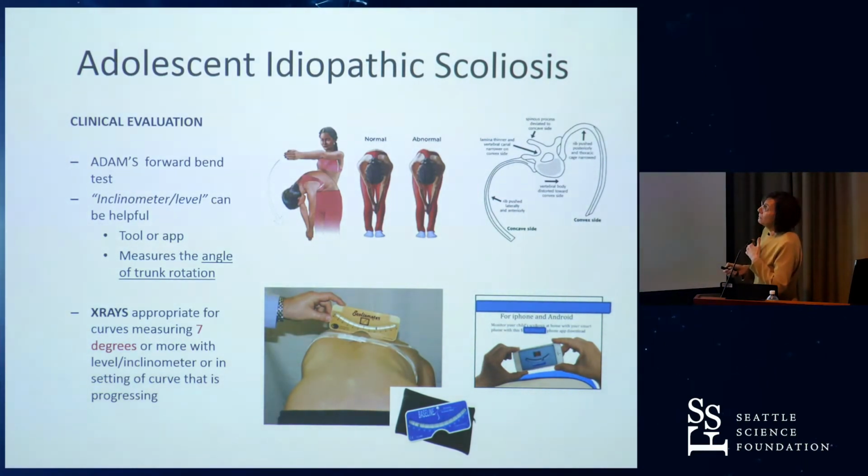There are some devices, and the scoliometer brand is maybe the most common. They are inclinometers, or levels, is what they really are. They can be very helpful, particularly, even if you've seen somebody before, in being able to say, does that look different than it did? I just don't know. How do you measure, and how do you decide what the next piece is? So I think these can be helpful.